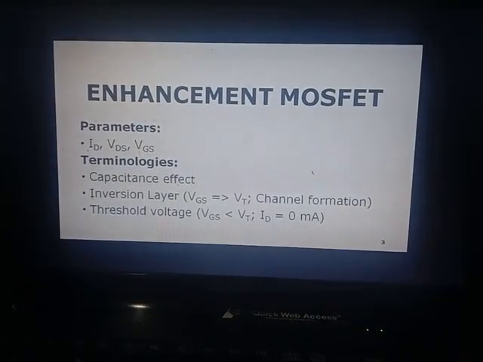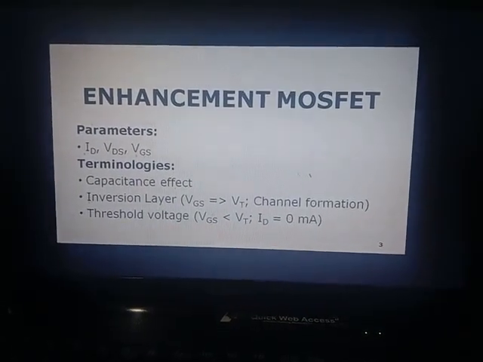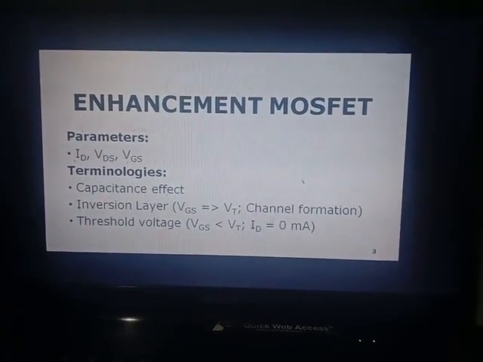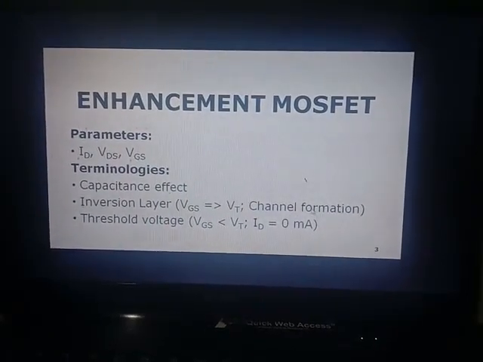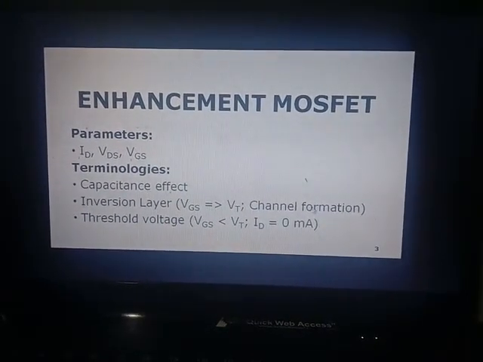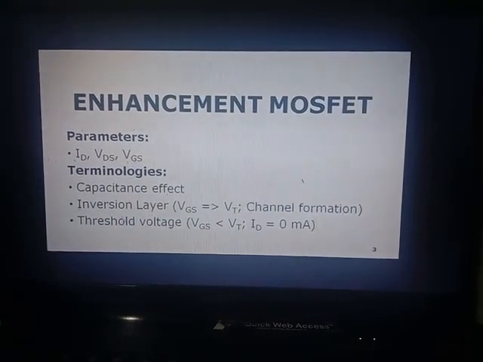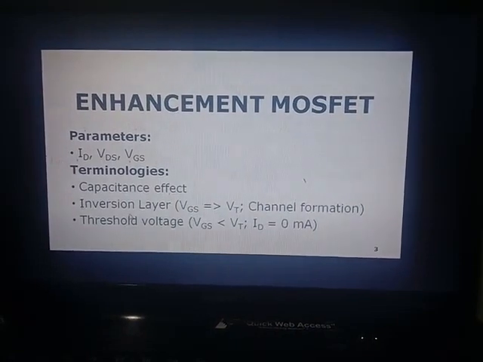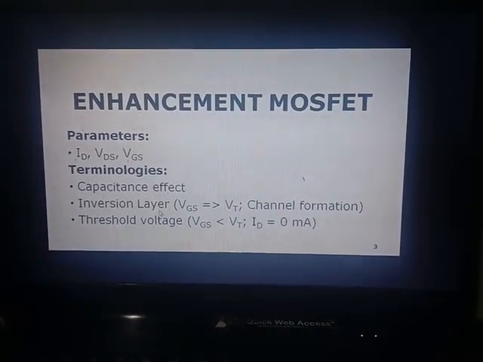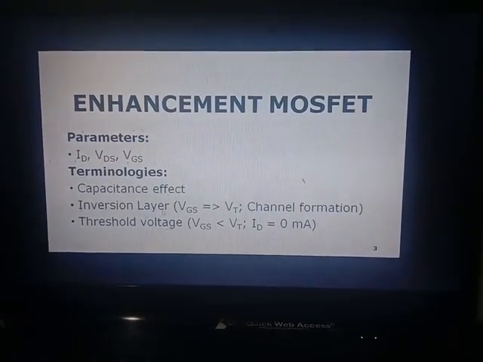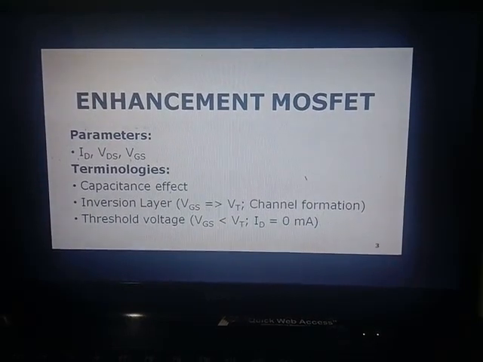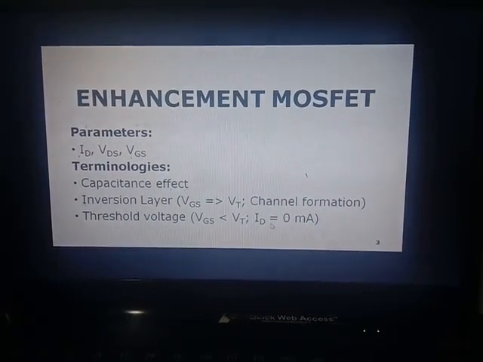When gate to source voltage is greater than or equal to threshold voltage, a channel is formed between source to drain. The channel formation, otherwise called the inversion layer, is formed between source to drain. Then if we apply drain to source voltage, there will be current flow between source to drain. That current is termed ID, the drain current.